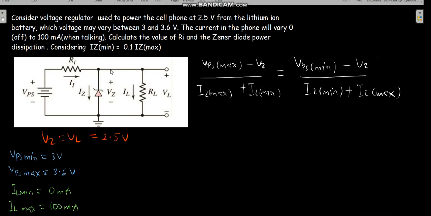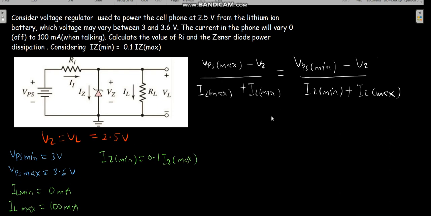Also we've been given that Iz minimum equals 0.1 Iz maximum. So you know that Iz minimum equals 0.1 Iz max.